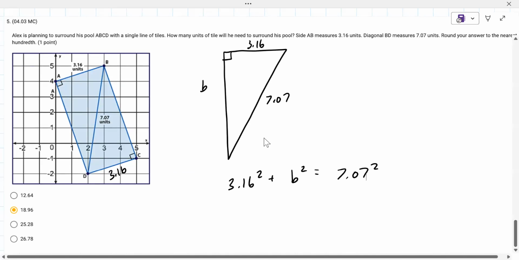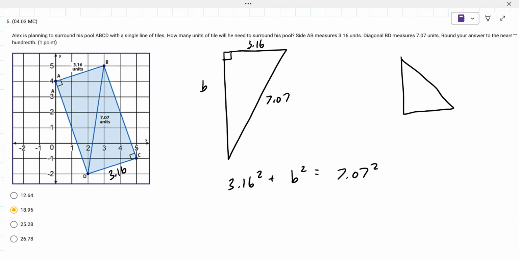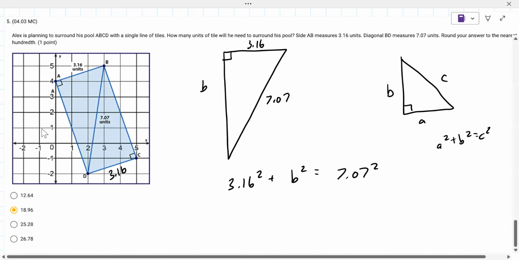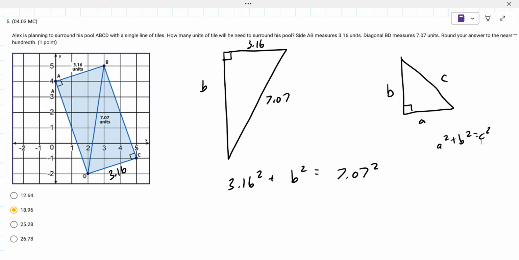Yeah, at first I thought you had to not put the squares for the given length. This is the Pythagorean theorem: A squared plus B squared equals C squared. Now when you solve for B, we have to put it on both the left side and the right side.